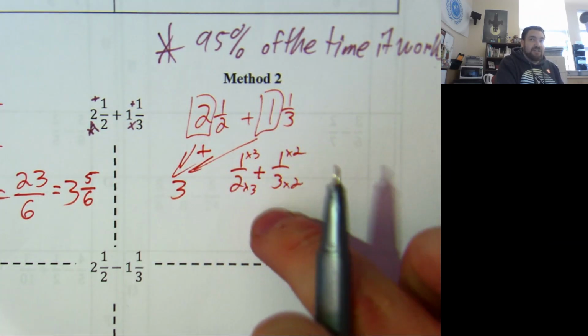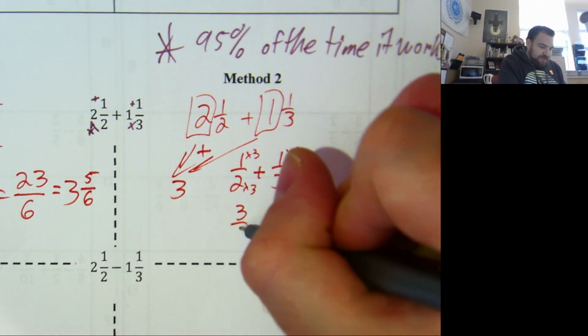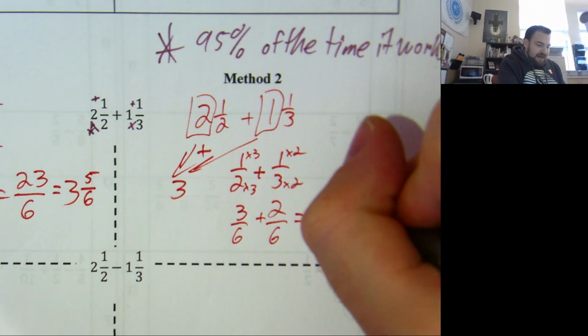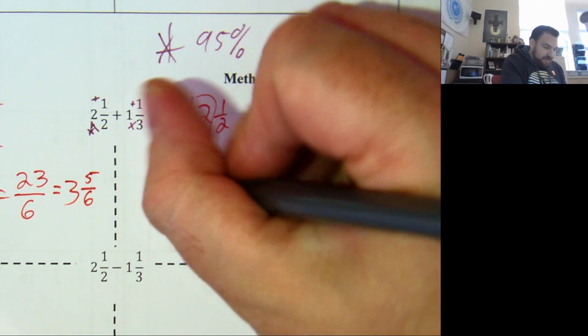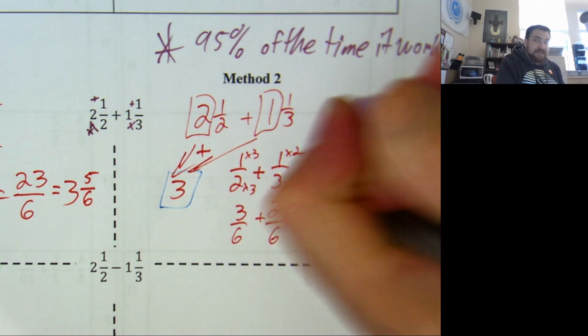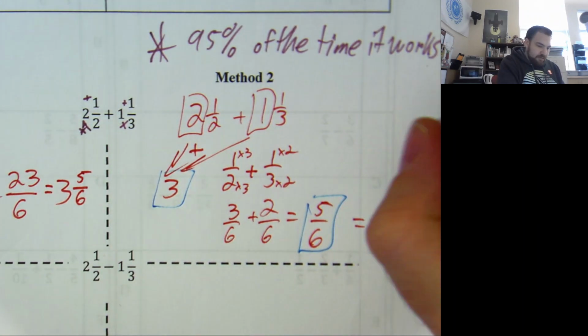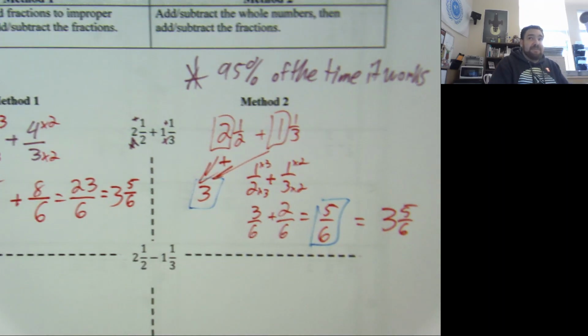That part hasn't changed. But what it's going to give me now is 3 over 6 plus 2 over 6, which is 5 over 6. And then I have to put this piece and this piece back together. Oh, look. I do still get the same value.